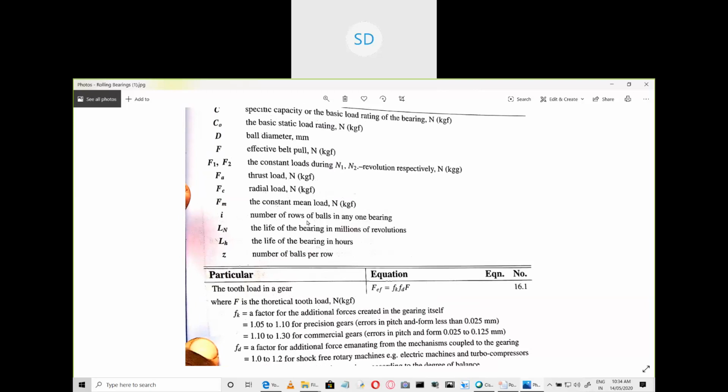Either it may be rows of balls or rows of rollers. Capital Ln is the life of the bearing in millions of revolutions. LH is the life of the bearing in hours. Z is the number of balls per row.